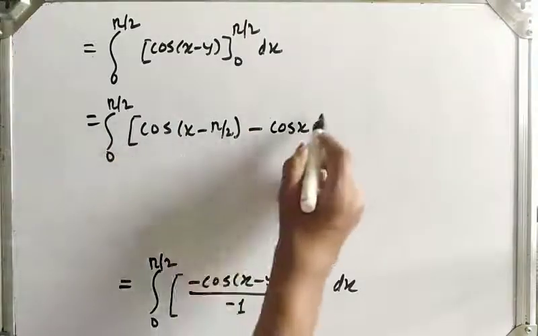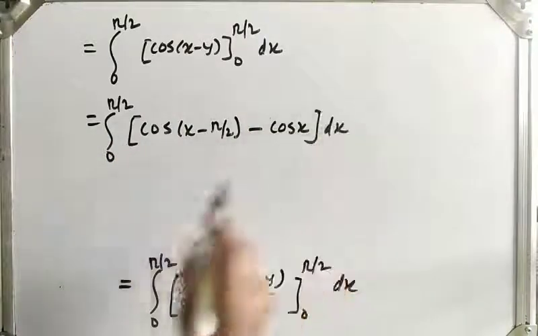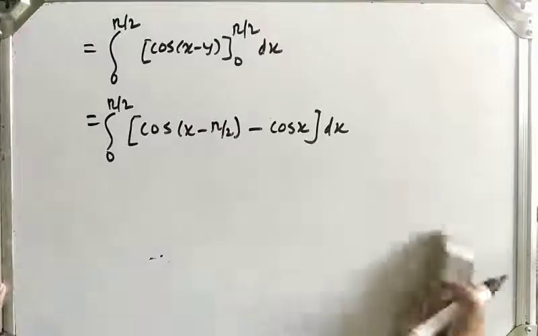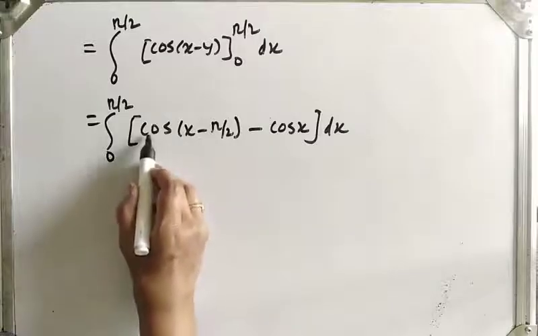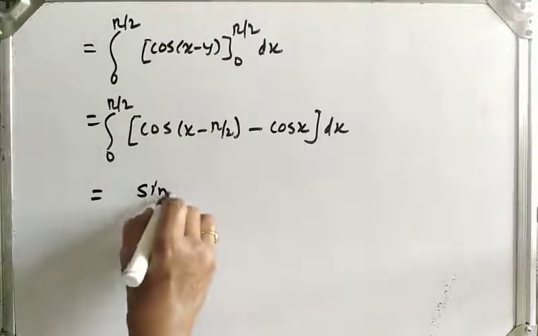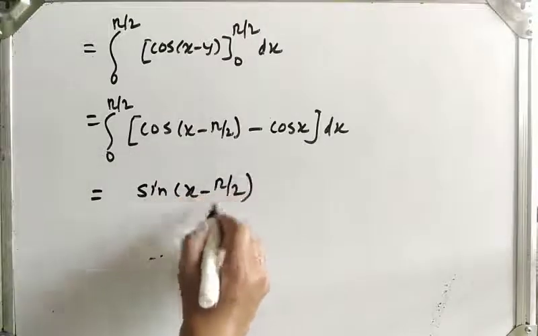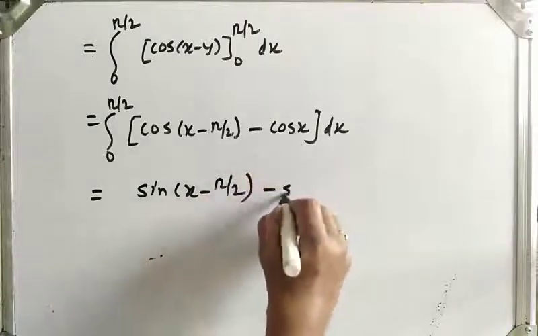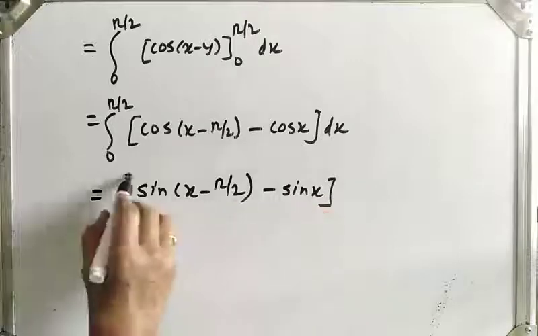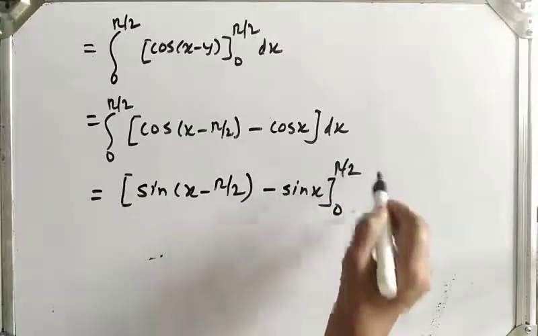Okay, now we will integrate with respect to dx. While integrating with respect to dx, what is the integration of cos? It is sine of (x minus pi by 2), coefficient of x is 1, so upon 1, minus integration of cos x is sin x, with limits 0 to pi by 2.